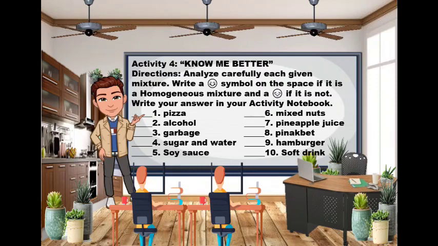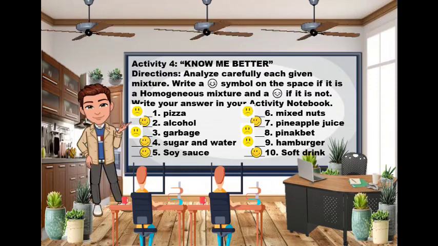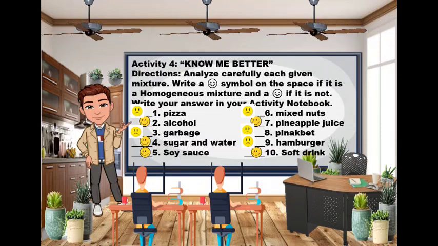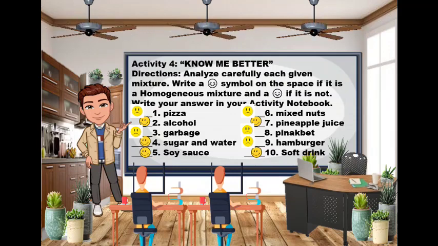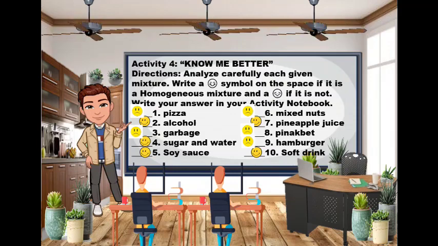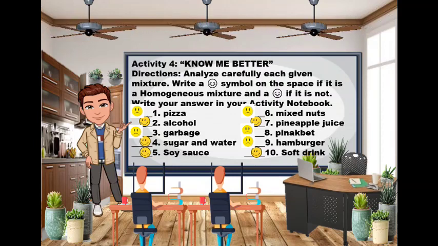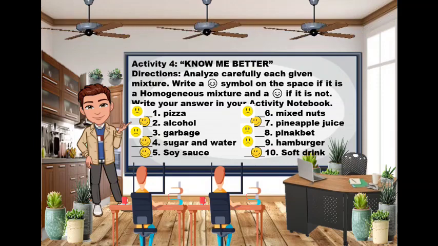Which of these are homogeneous and heterogeneous mixture? So number 1, number 3, number 6, 7, and 8 are sad face, and 2, 4, 5, 7, and 10 are happy face, meaning they are homogeneous mixture.